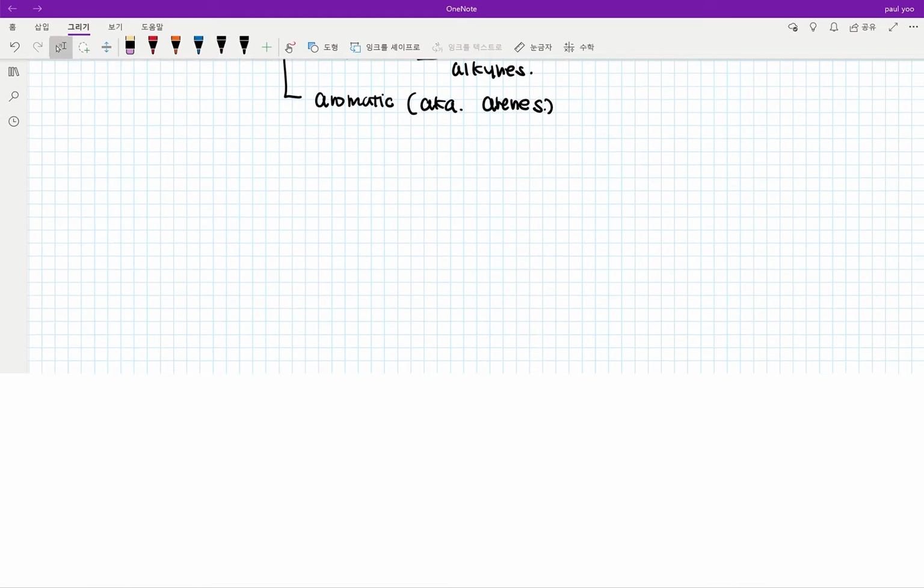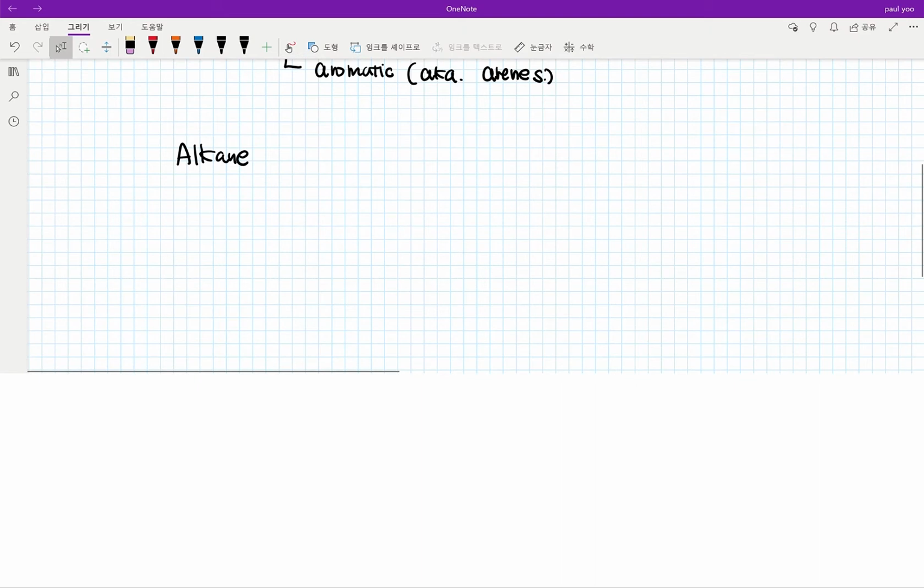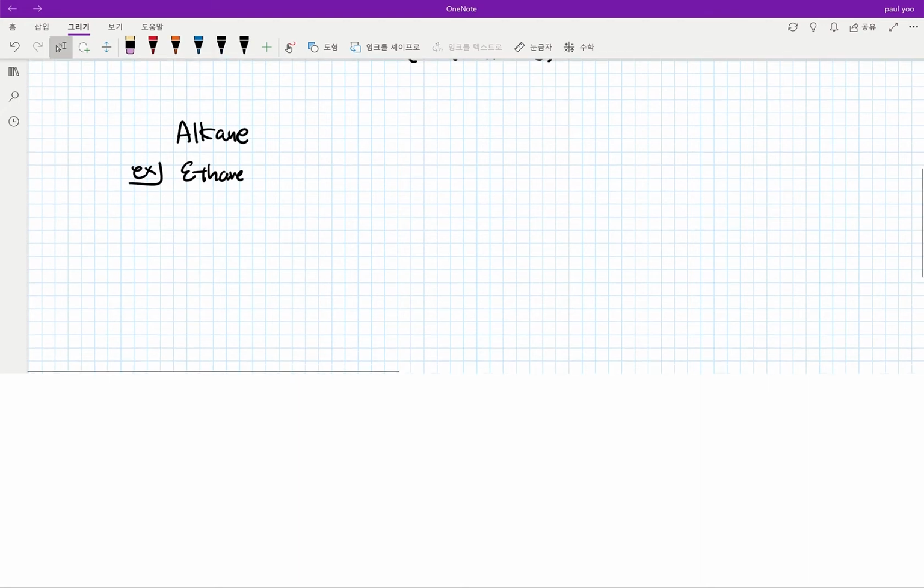So an example of an alkane could be ethane, and ethane is made up of 2 carbons and 6 hydrogens.